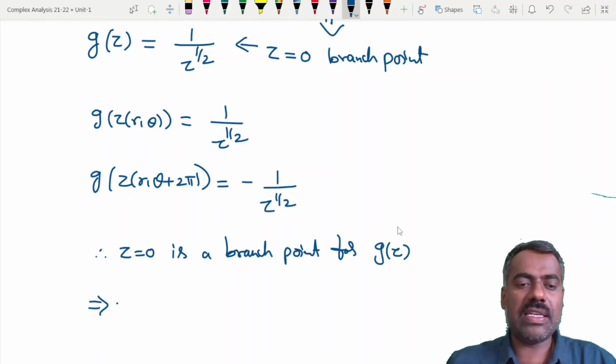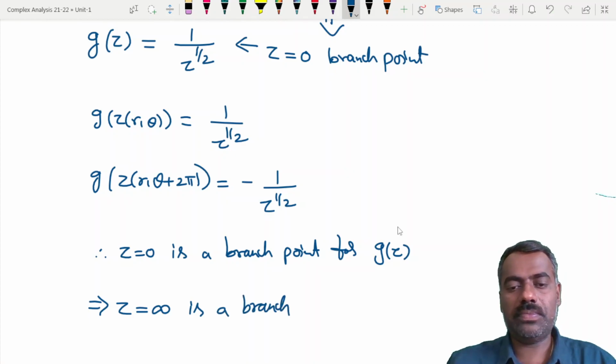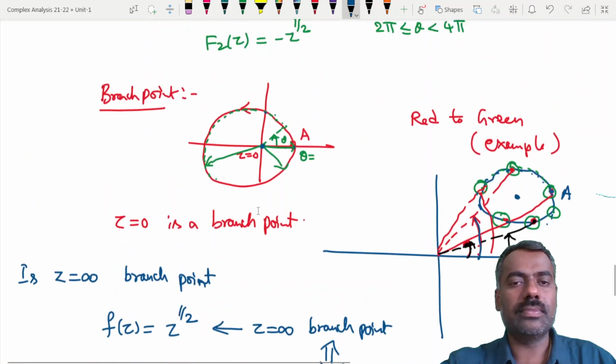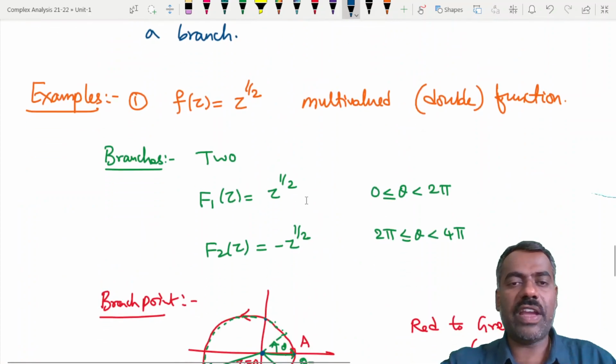This implies z is equal to infinity is a branch point for which function? Our original f of z. Is that clear? So therefore, for f of z is equal to z power 1 by 2, there are two branch points in the extended complex plane.